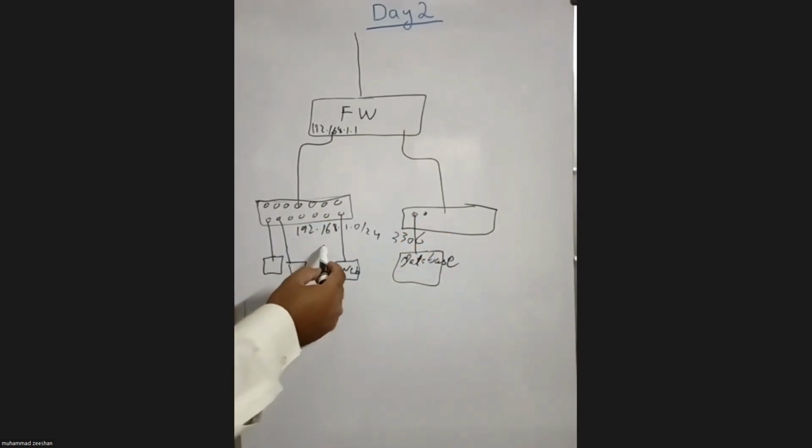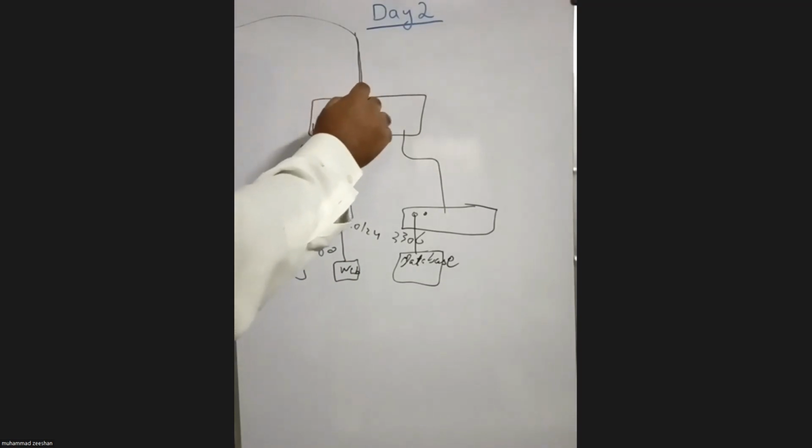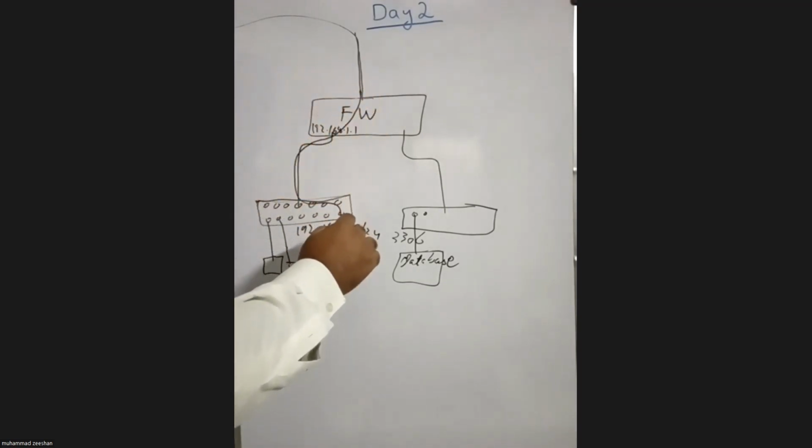Here is our web server. It's running on port 80. Any user from the world comes to the firewall. It says, I want to go to this IP address. The firewall will know that on this IP address there is a web server running, and if the request is for port 80 or 443, it should send the request to this PC.